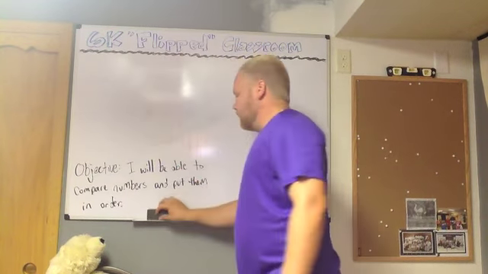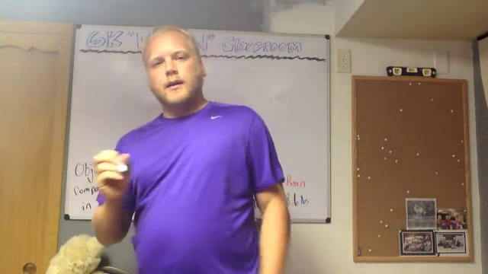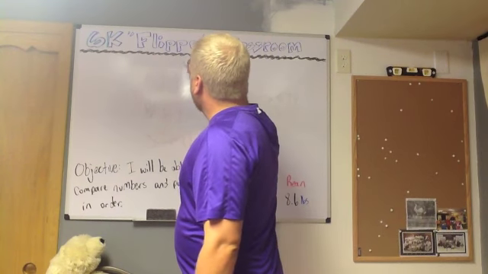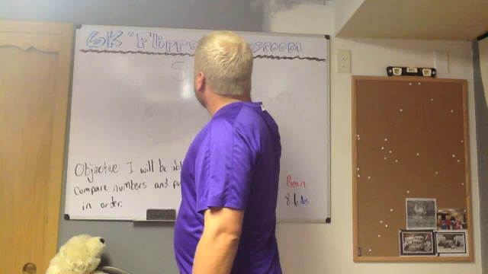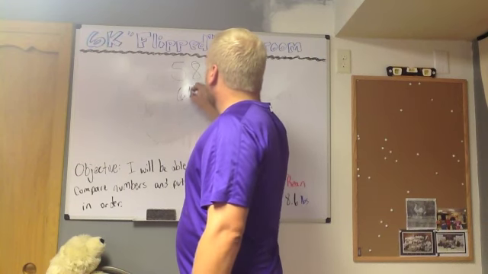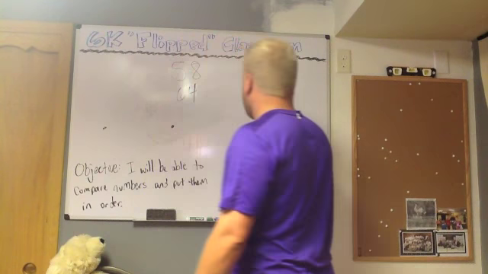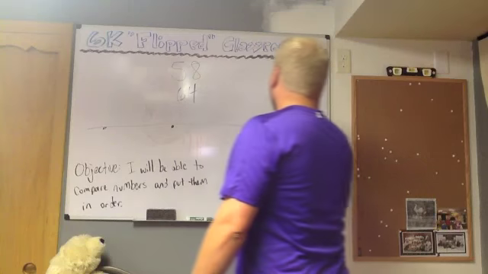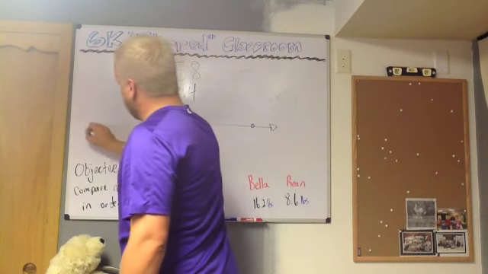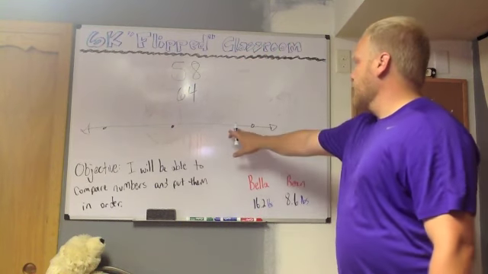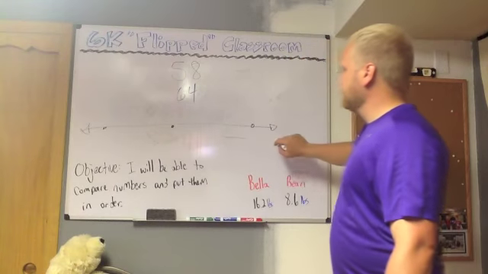So, the other way that you can do it is you can use a number line. If we look at the numbers 58 and 64, for example, on a number line, remember that numbers to the left should always be smaller than numbers to the right. It gets bigger as it goes to the right.